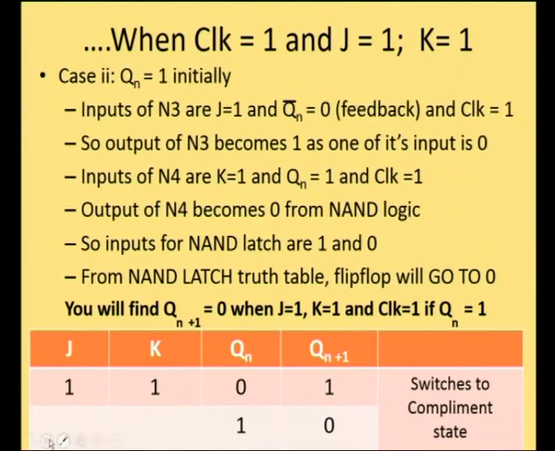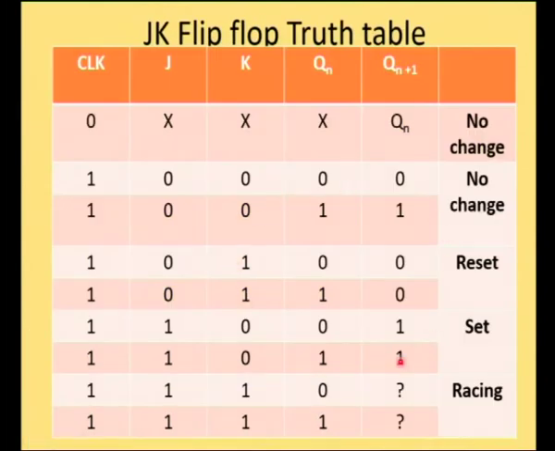This is all about JK flip flop. But just one second, wait, what is racing? What is going to happen if my clock is going to be there alive? You look at this, clock is 1, J is 1, K is 1. In that case, I am going to get into a real problem called racing. If we have this truth table of JK flip flop, what is going to happen here?